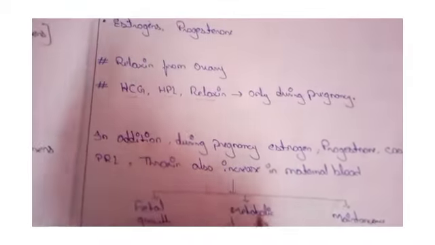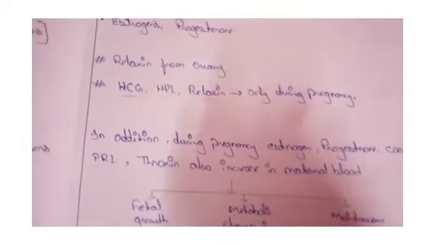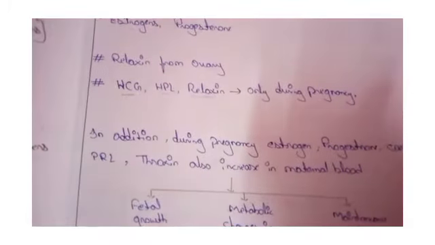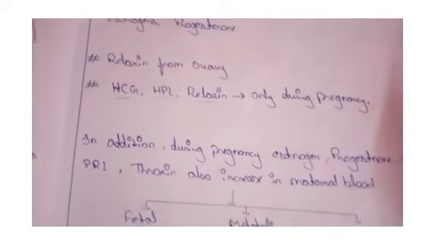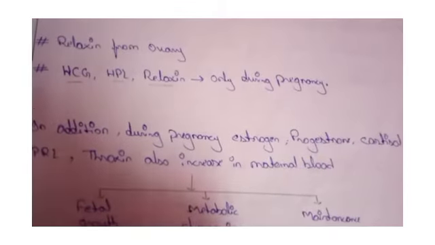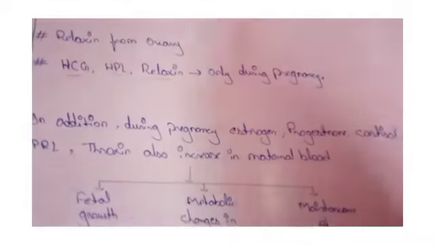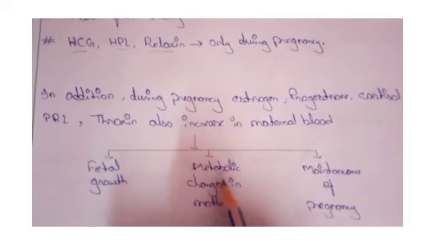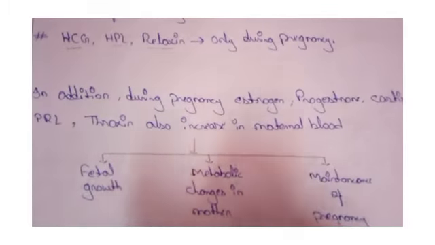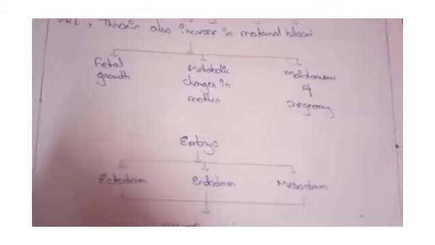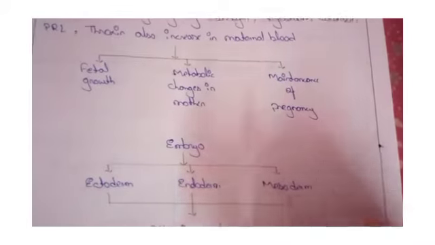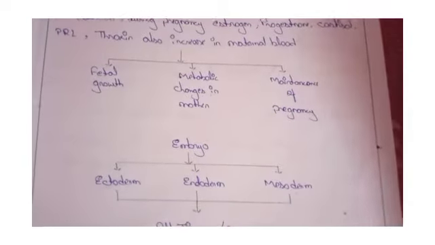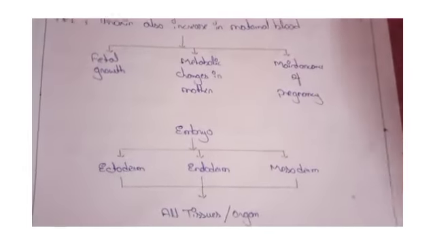In addition, during pregnancy, estrogen, progesterone, cortisol, PRL, and thyroxine also increase, affecting maternal blood, fetal growth, metabolic change in the mother, and maintenance of pregnancy. Okay, an embryo can develop ectoderm, endoderm, and mesoderm, the layers which form the tissues.